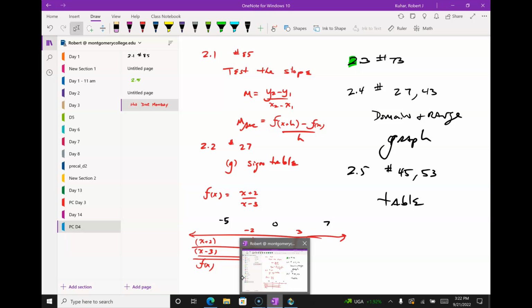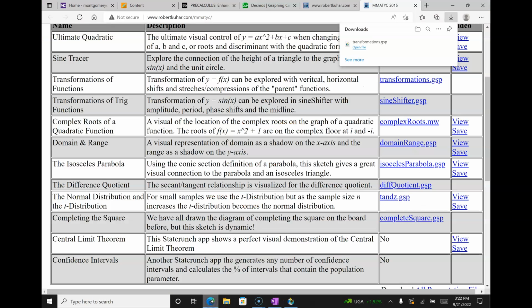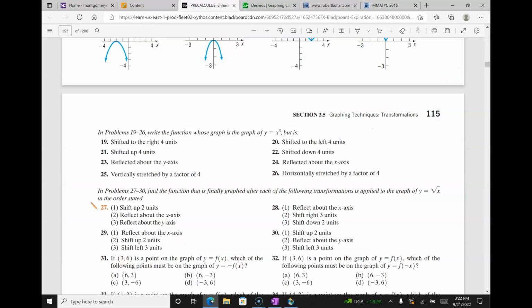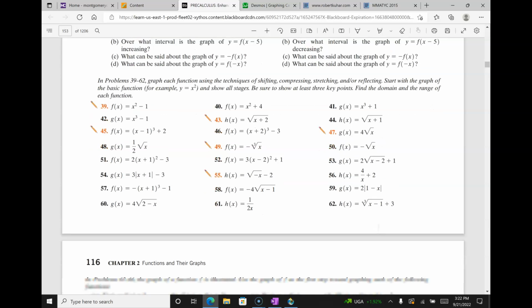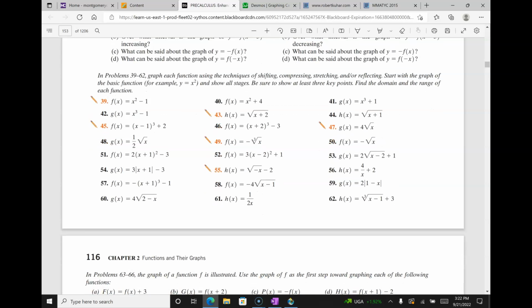All right, let me show you something like I want in 2.5. So 2.5, I'm going to give you 2 functions. If you can see, number 45 is a quadratic. It's a mother function x squared, right? You with me there?